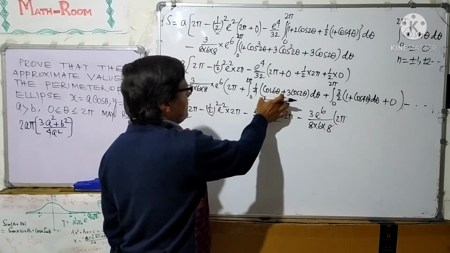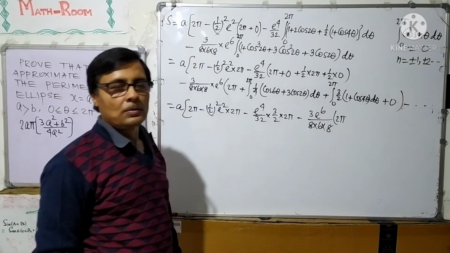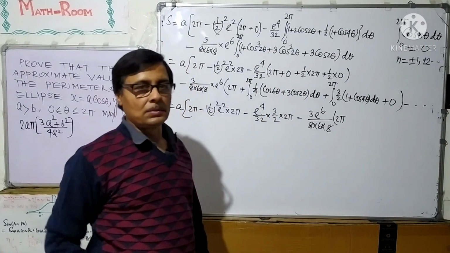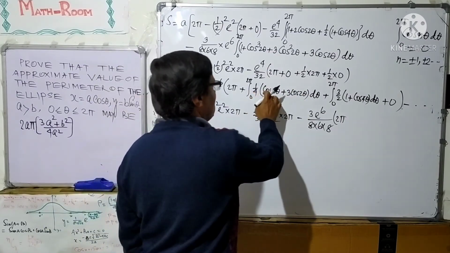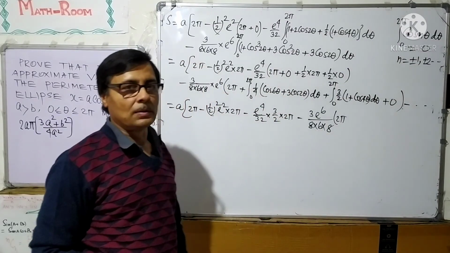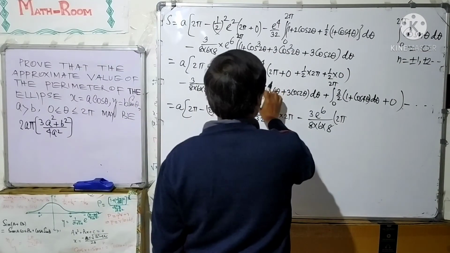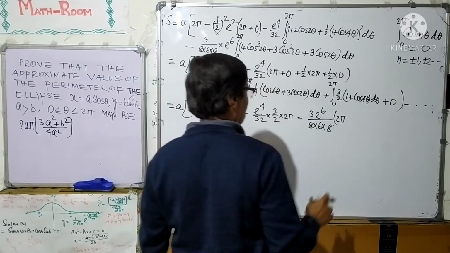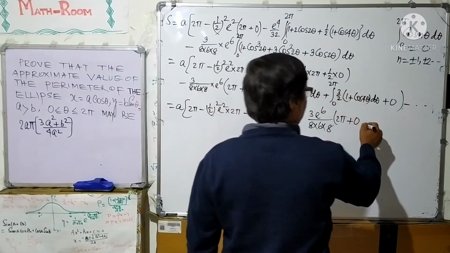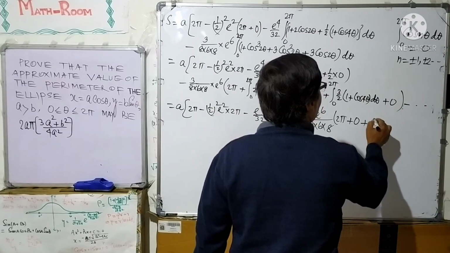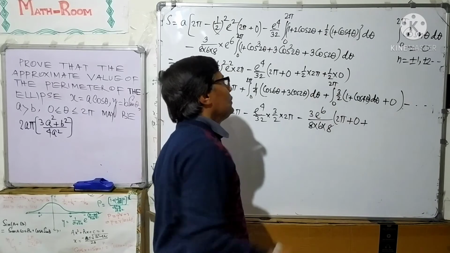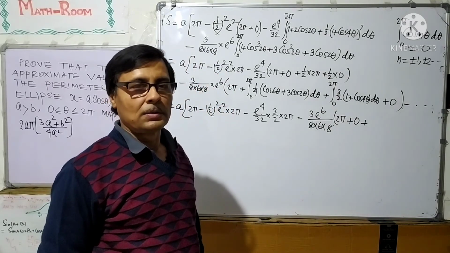Here this integral is 0 because integral 0 to 2 pi cos 6 theta is 0, and 0 to 2 pi cos 2 theta is 0. This obeys the rule that integral 0 to 2 pi cos n theta d theta equals 0. So the value of this integral is 0, and here also 3 over 2 into integral 0 to 2 pi d theta, which is 2 pi.